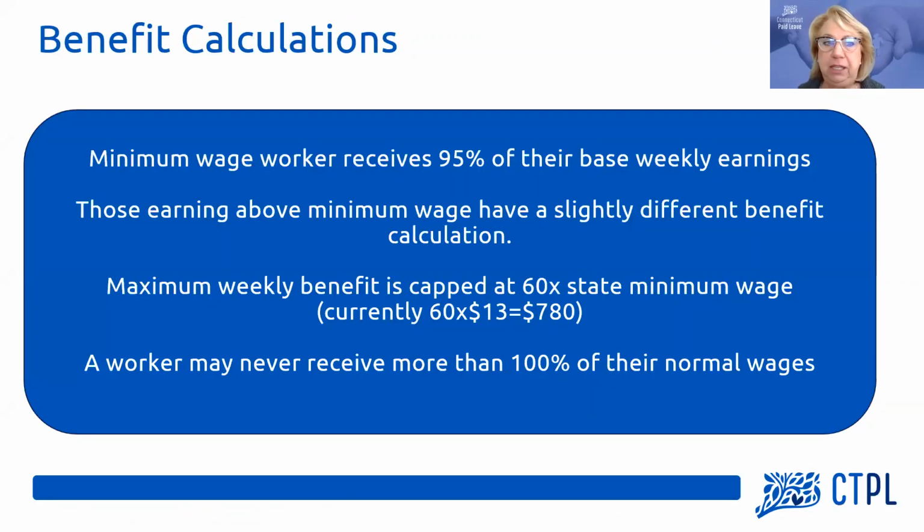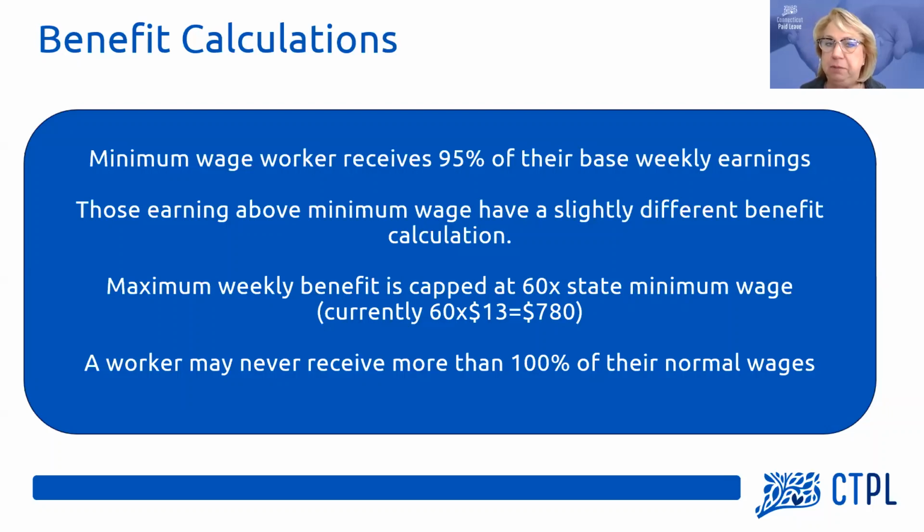So benefit calculations. Minimum wage workers receive 95% of their base weekly earnings. People who make above minimum wage have a slightly different benefit calculation. So for example, maximum weekly benefit is capped at 60 times the state minimum wage.